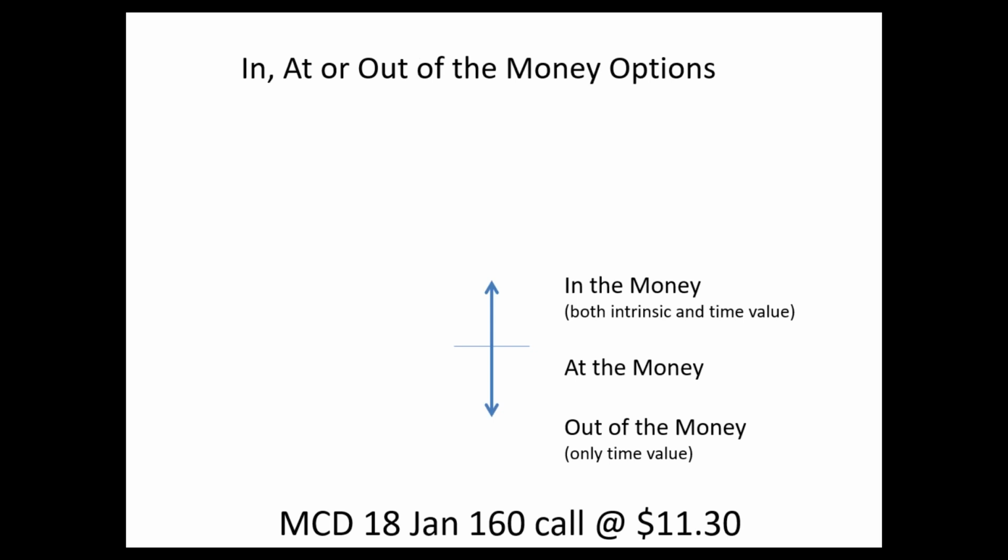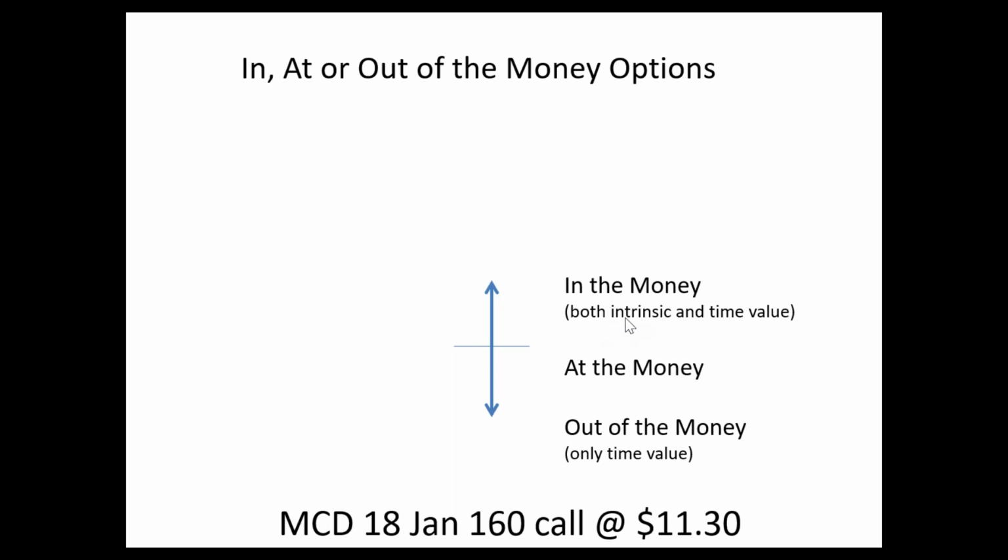Now, there are in the money, at the money, and out of the money options. In the money options means that if you got it at 160, it is above 160. At the money is right at, very close to 160.